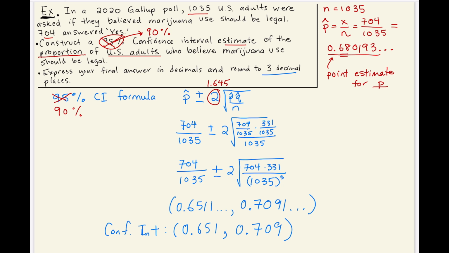And let's suppose instead we'd been asked to find the 99% confidence interval. Then instead of having a 2 or a 1.645, we would use 2.576 as the multiplier. And that would be the only thing that would be different.